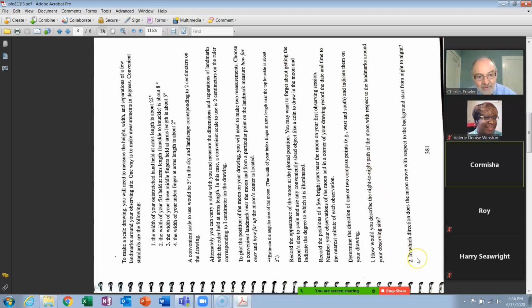The second question: in which direction does the moon move with respect to the background stars? So here's the second thing you're looking at. When you see that moon, wherever it is, this morning it was over here, not too high above the horizon there. Unfortunately, I couldn't see the background stars, but pick a group of stars near where the moon is that have a certain pattern.